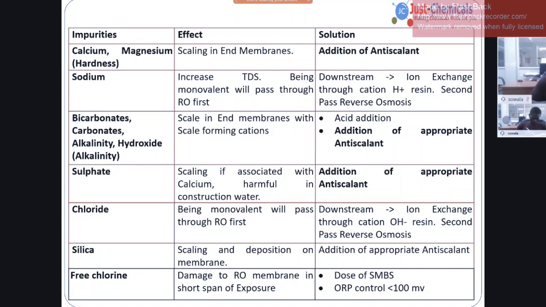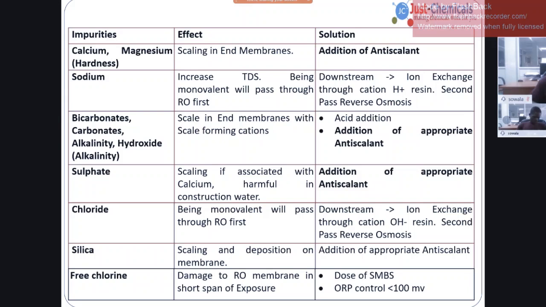How much sodium is passing through the membrane? Modern membranes are designed to have 0.2% of sodium in the permeate. Suppose you are adding 100 ppm of sodium in the feed, then you must get 0.2 ppm of sodium at the outlet.